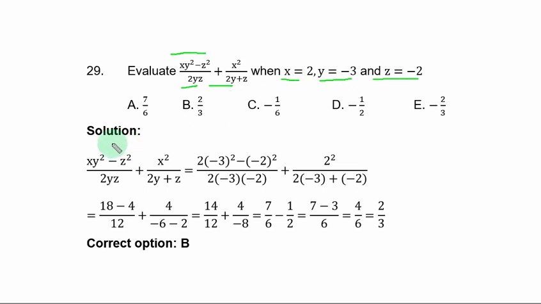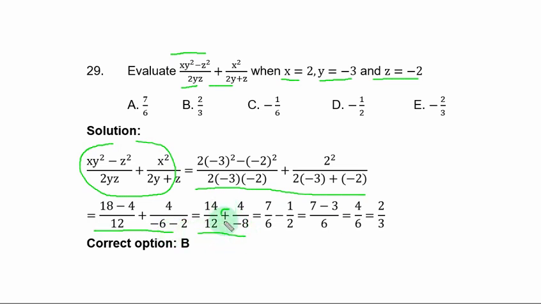You write the given expression and you replace s, y, and z with what they stand for in this form. So if you simplify, you have this result and this result.